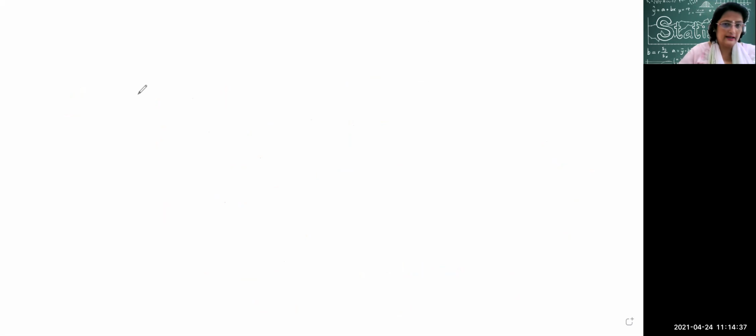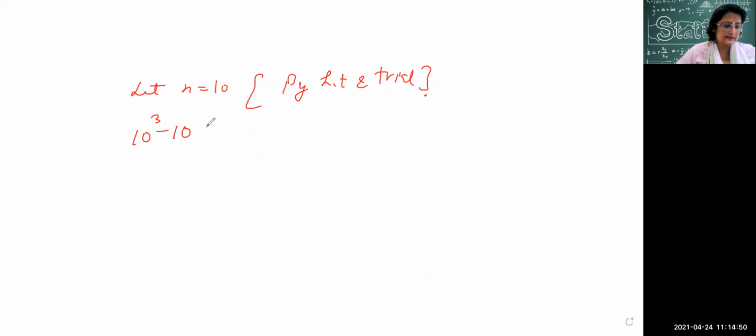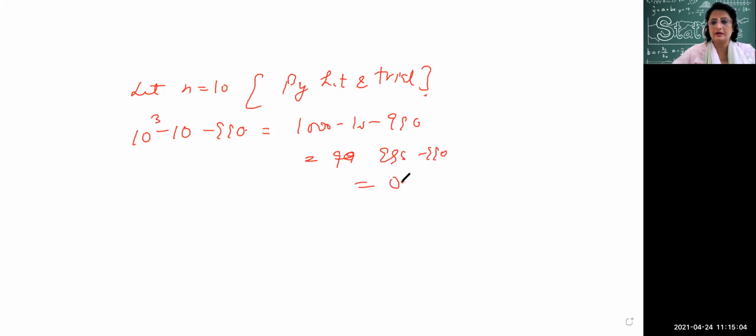So by hit and trial, let n is equal to 10. ठीक है जी? By hit and trial. So when you put n is equal to 10, 10 cube minus 10 minus 990, right? So this is 1000 minus 10 minus 990. It means you have got 990 minus 990, that is equal to 0. So n is equal to 10 ने इस equation को satisfy कर दिया, right?